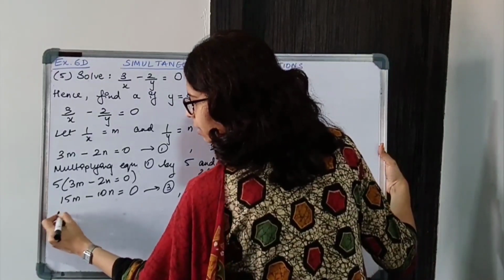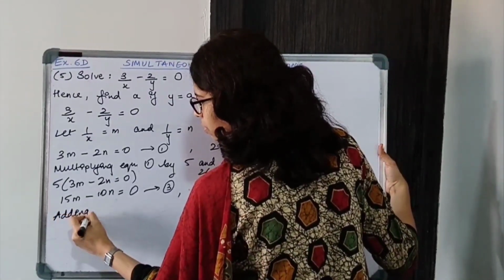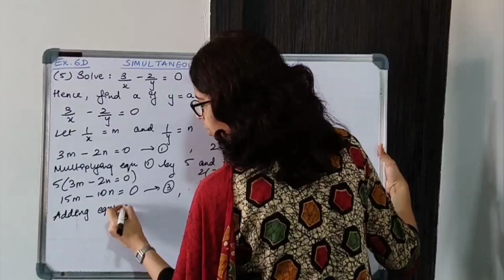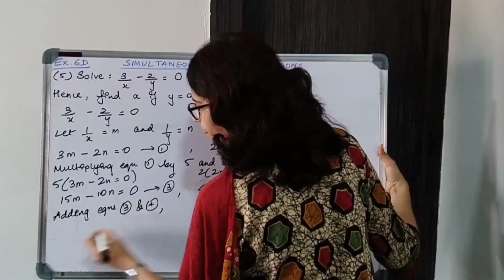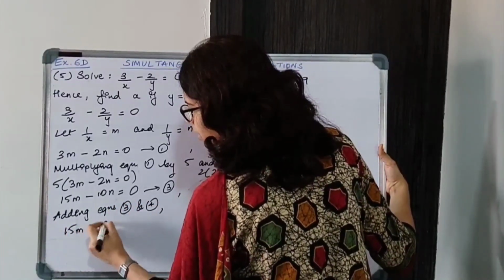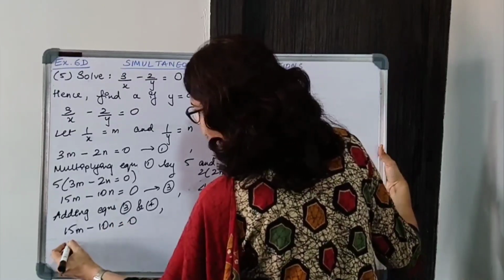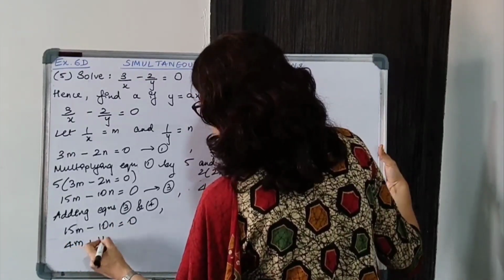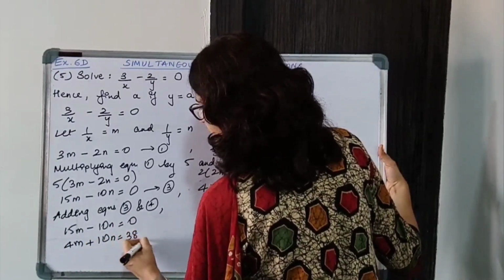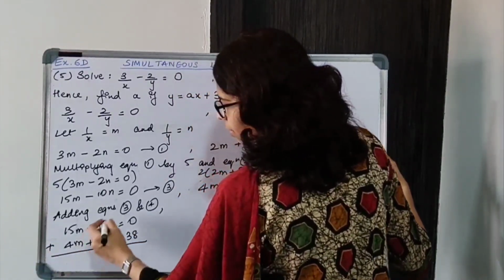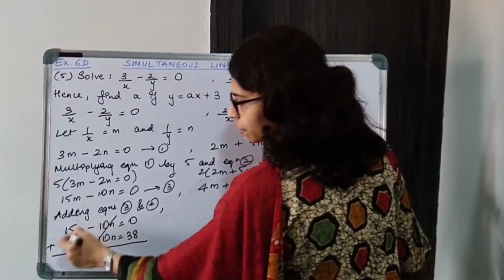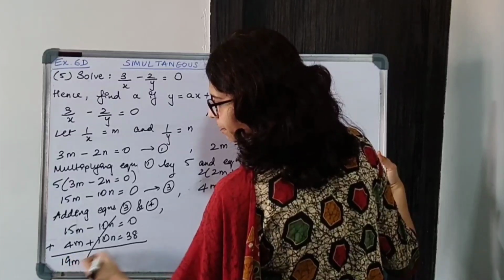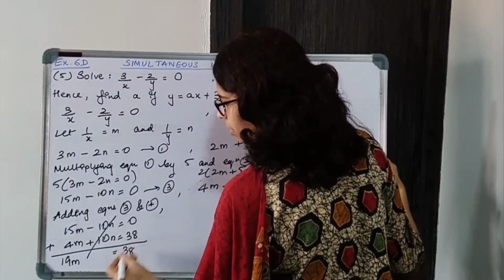So adding equations 3 and 4, 15m minus 10n equals to 0 and 4m plus 10n equals to 38. This will get cancelled. 15 plus 4 gives 19. 0 plus 38 gives 38.